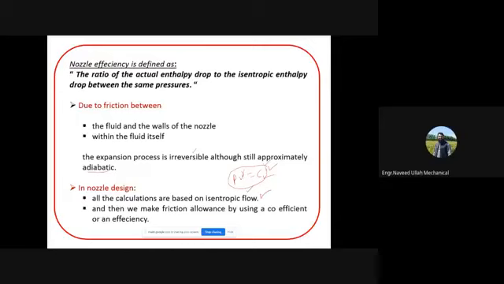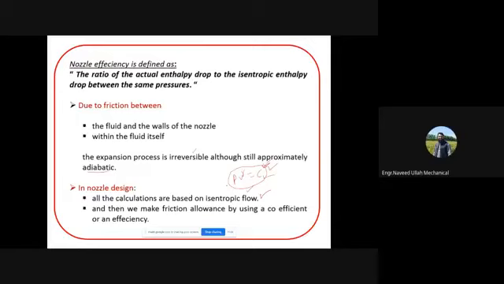Because if you have this isentropic process, then you can relate temperature ratios to pressure ratios, and similarly velocity ratios to pressure ratios, etc. So you need to know about the process that is taking place inside the nozzle. Even the formulas that we developed and derived are based on the isentropic process.